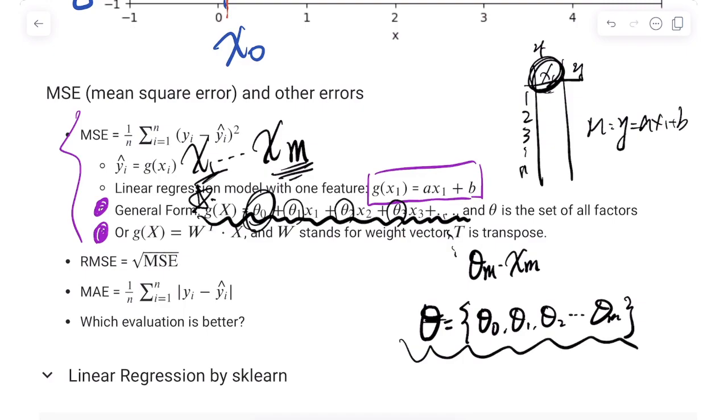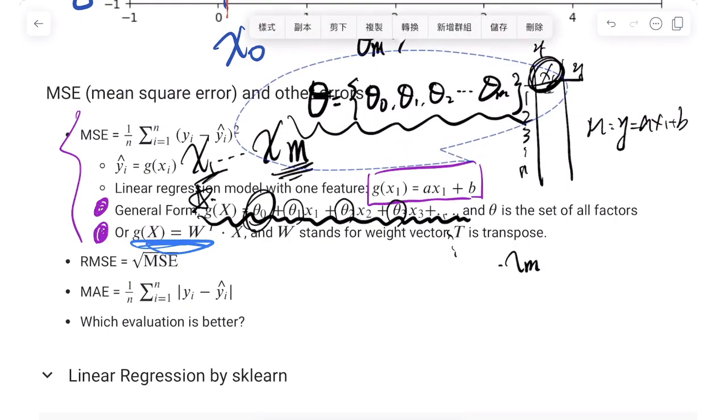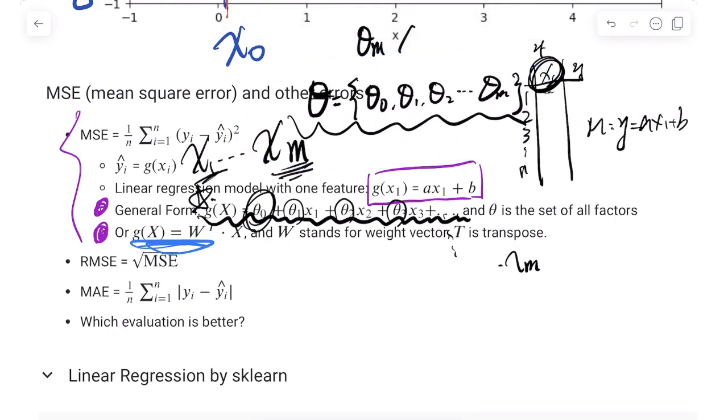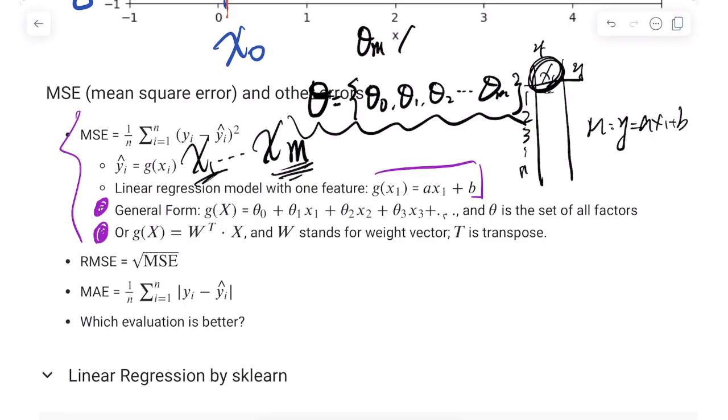And there are still some other ways to represent a linear model. For example, sometimes we can present your model this way.